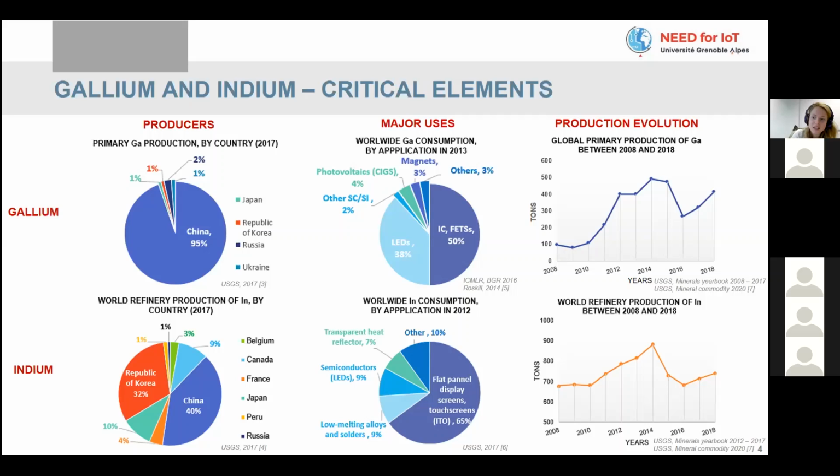So as you have a limited number of producers, but also a really specific use for this element, it can create a criticality on this element. And today, it's really difficult to substitute these elements and their compounds for optoelectronic applications.